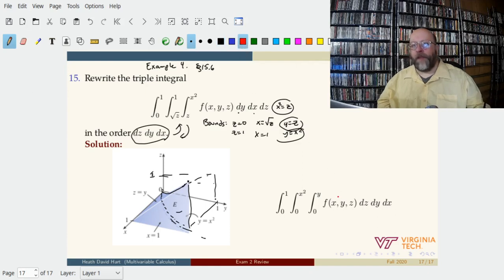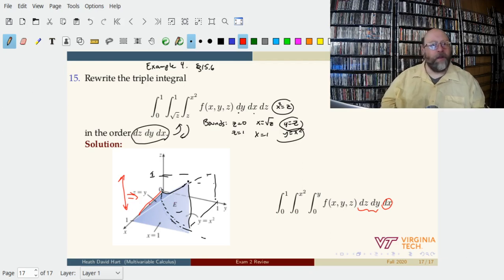So now we want to set this up in the order dz, dy, dx. Our x coordinates are just constants. We go from 0 to 1. Then our wire extends in the z direction, but it moves in the y direction. So it enters along here somewhere where y is equal to 0.